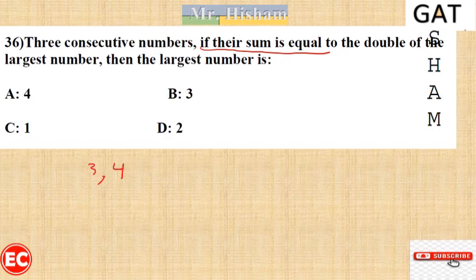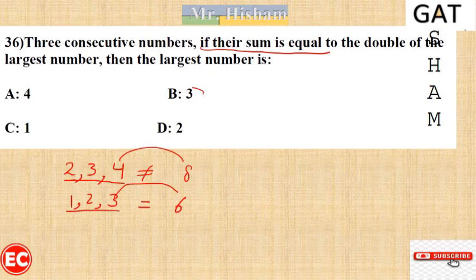It means that the two numbers before it are 3 and 2. Double of 4 is 8, but the sum of 2, 3, and 4 is not equal to 8. Now, let's assume that the number is 3. It means that the two numbers before it are 1 and 2. Double of 3 is 6, and 1 plus 2 plus 3 is equal to 6, so the right answer is 3.